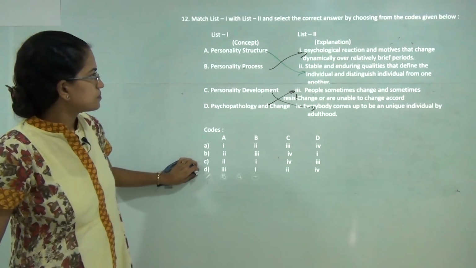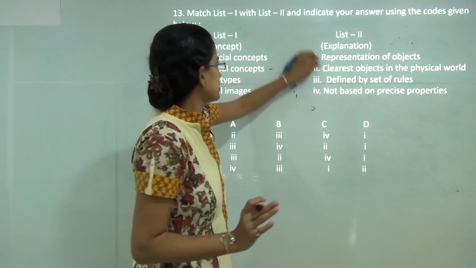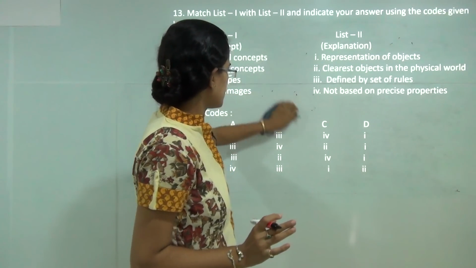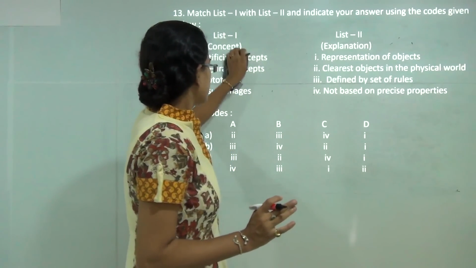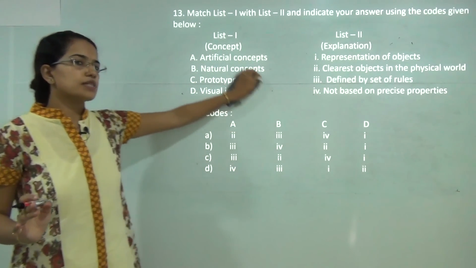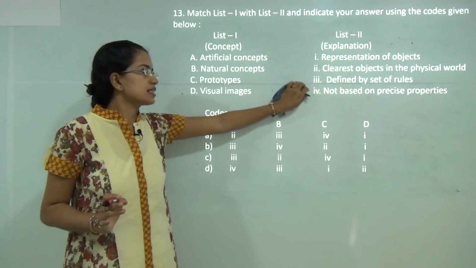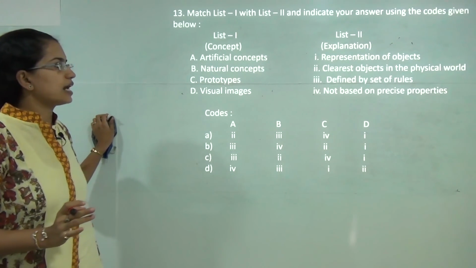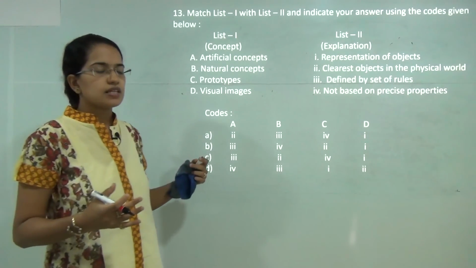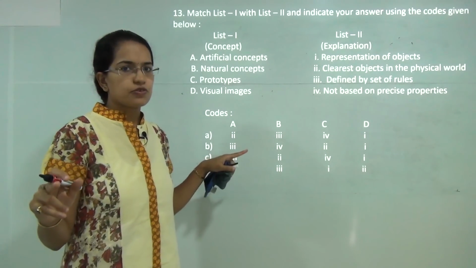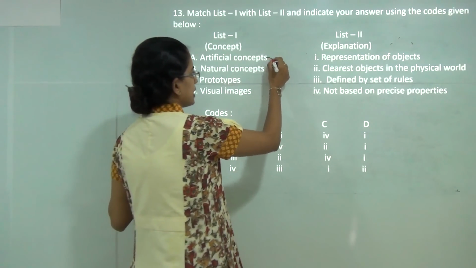Next question. Now this question is again related to concept attainment. So you have various types of concepts. Certain concepts are artificial while certain are natural. When I say artificial concept, what does it mean? You have a predefined set of rules based on which you are trying to make a concept.